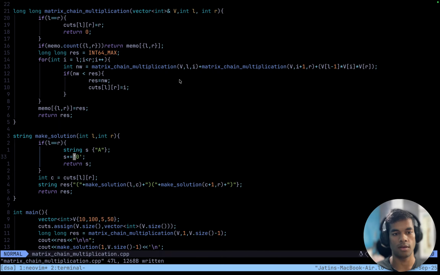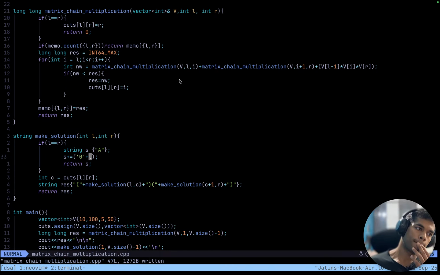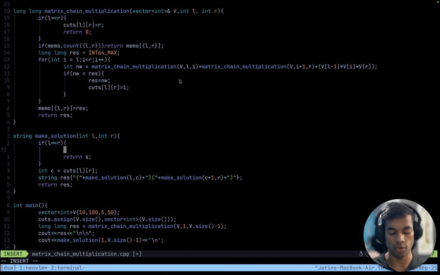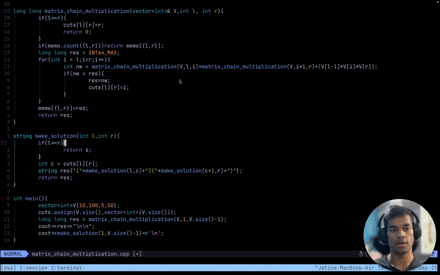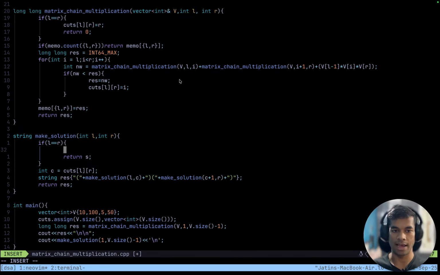So if I increase the value for this character by L amount, yes. That makes so much sense. Since that L and R could have multiple digits, then doing 0 plus L and R is not pretty cool.